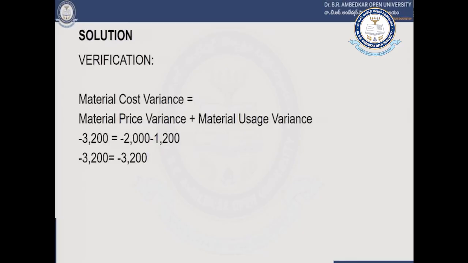This will help you understand how this mechanism works. So the material cost variance, minus 3,200, is equal to minus 2,000 plus minus 1,200, that is equivalent to minus 3,200.